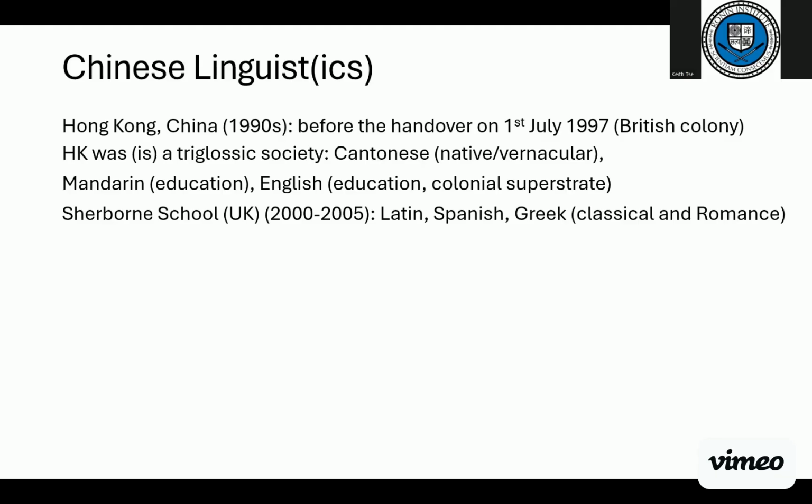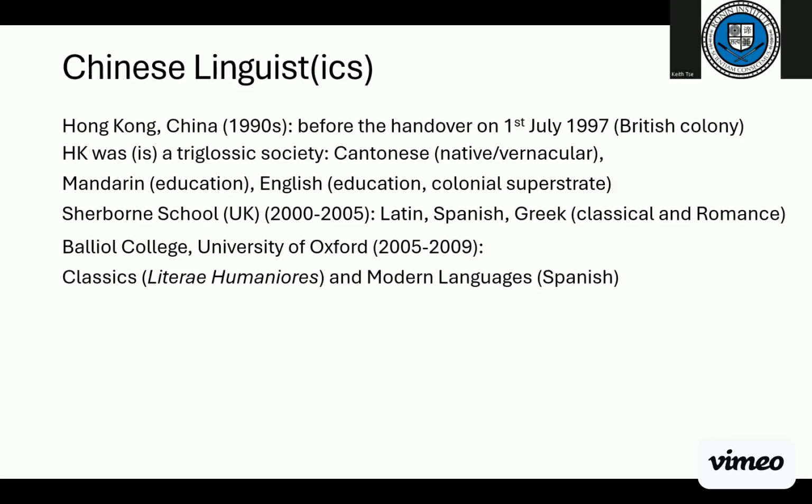I then studied in the UK at a school called Sherborne School, where I did mainly Western languages. So I did Latin, I did Greek. I also learned some Romance languages, especially Spanish. So I specialize in classical and Romance languages. I continued these at Oxford, where I did classics and the modern languages. So I continued with classical languages as well as Romance.